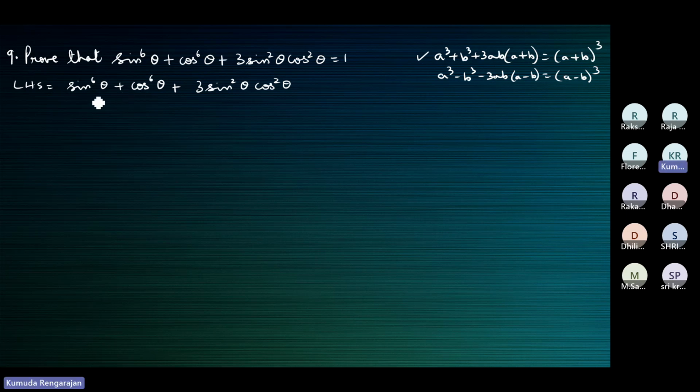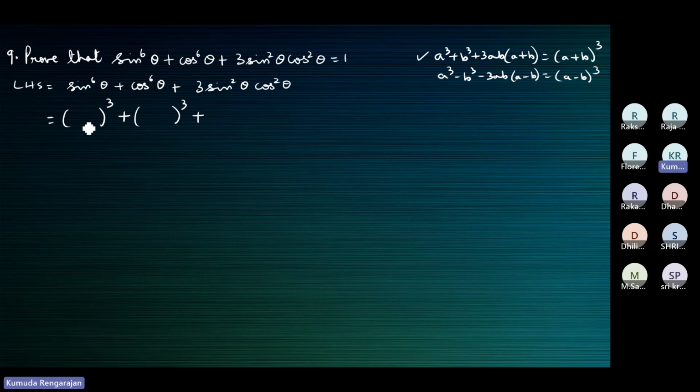So sine theta to the power 6 should be written as a the whole cubed, plus cos theta to the power 6 should be written as b the whole cubed. Then there should be 3ab term and the a plus b term. If you have all this, then you can write it as a plus b the whole cube.